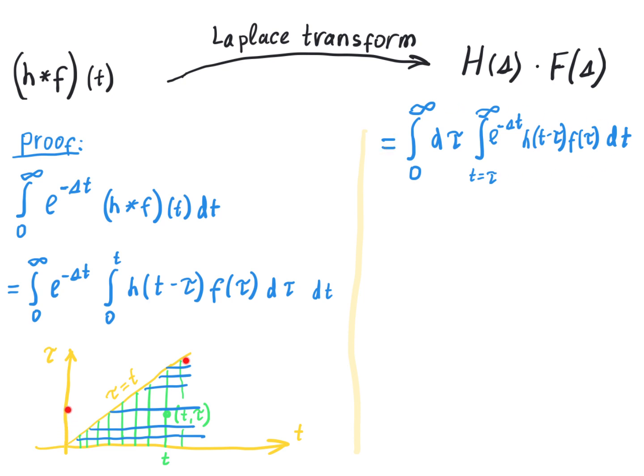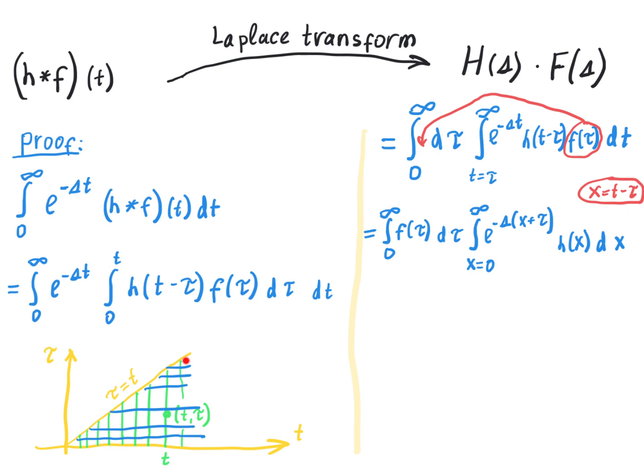Tau runs from 0 to infinity, and for each fixed tau, we look at t values starting from t equal tau to infinity. For each pair t, tau, we compute the product of our functions, and then we add this up. Now observe that f of tau doesn't contain t, so you can pull it outside of the integral with t. So it belongs to the integral with tau.